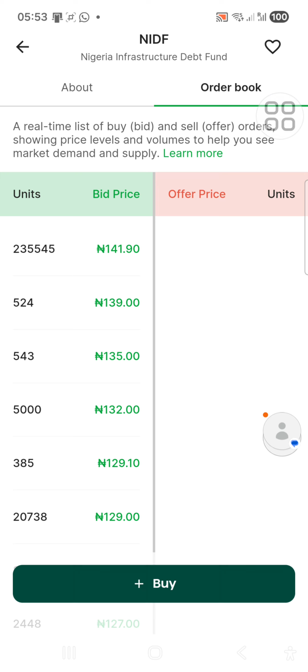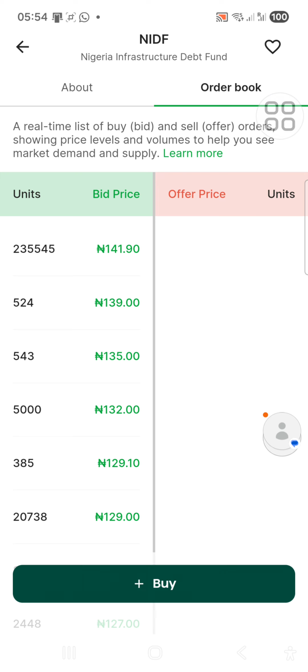As you know, NIDF is 129 naira. The market price is 129 naira. Because that stock is very, very scarce to find, people are now bidding over and above 129 naira. Some people are bidding 132 naira.